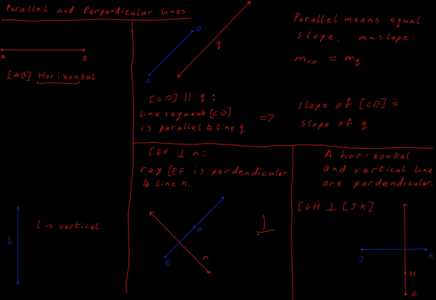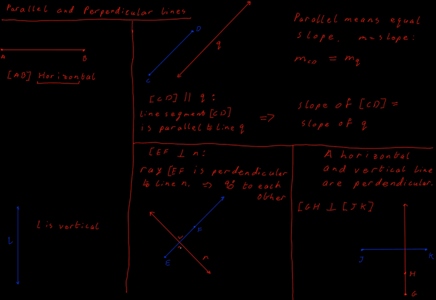And that means perpendicular. So that means they are at right angles to each other, or at 90 degrees to each other. And we already know about angles of 90 degrees. We can put in a little 90 degree symbol.